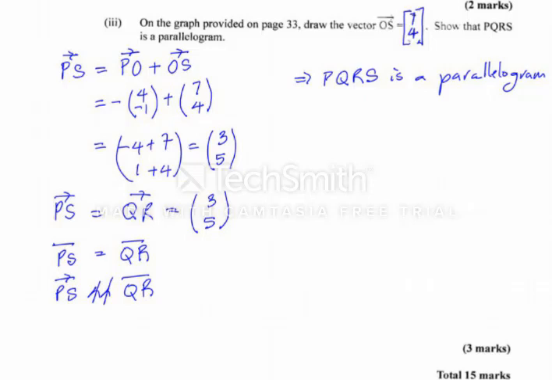We have to show that opposite sides have the same length, the same magnitude, and the same direction, meaning that they're parallel. Once you show that opposite sides are equal and parallel, effectively you have shown that the shape is a parallelogram. All right, so that's the end of the test.